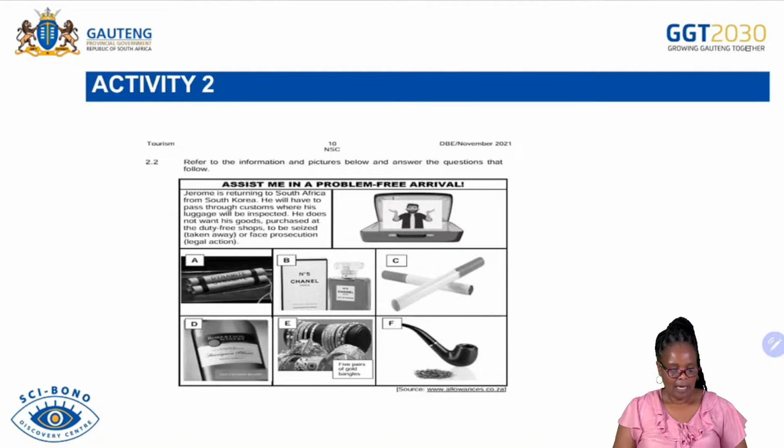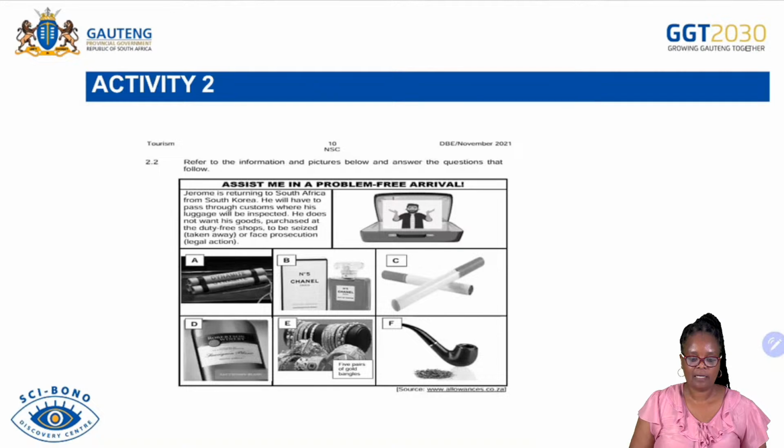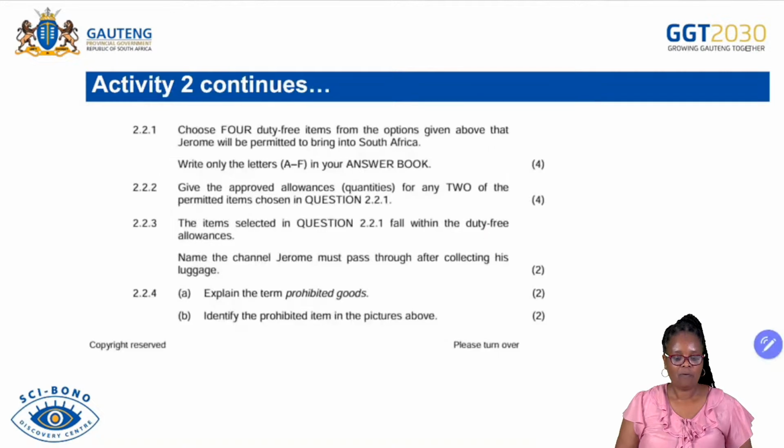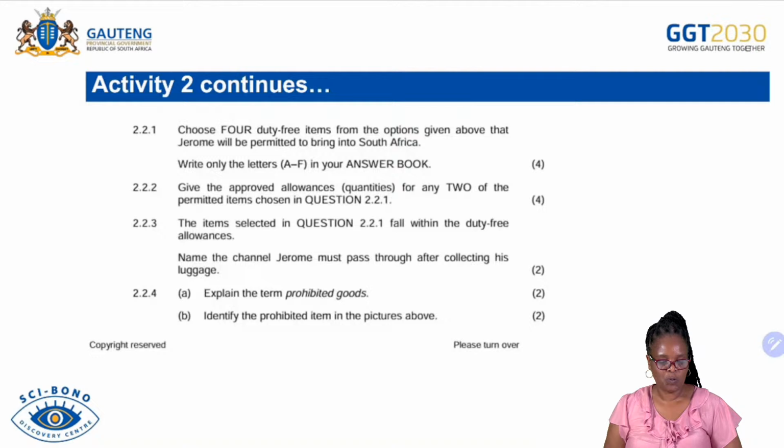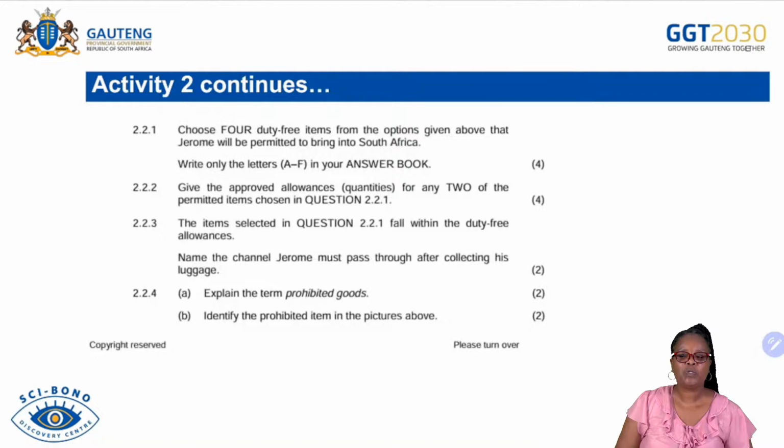Everything has been answered. Let's try to do our corrections and see what you managed to remember from what you've learned today. We have few minutes. The first one said, choose 4 duty-free items from the options given above that Jerome will be permitted to bring into South Africa for 4 months.